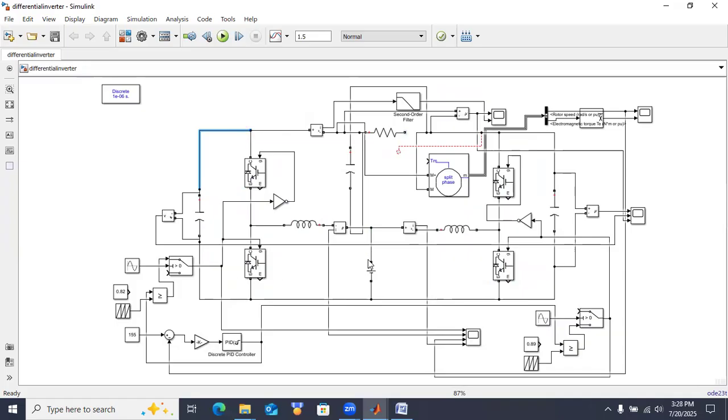In this, if you see, here it will be boosted when the switch is on, this inductor will be boosted, and when the switch is on, this inductor will be boosted here, and the output of this will be provided here to this capacitor. This switch will operate when the other switch is not operating.